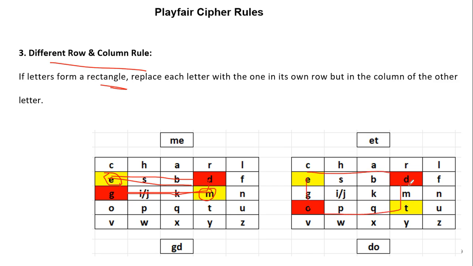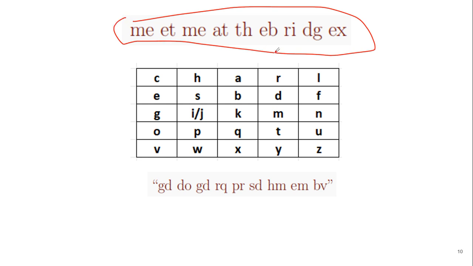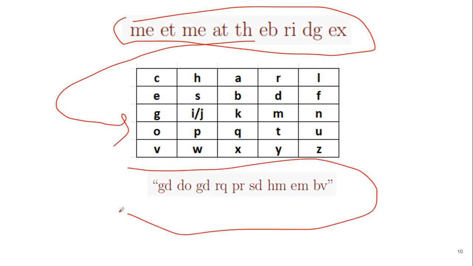So for E we replace with D, and for T we replace with O. Exactly opposite happens for the decryption. Now you can try this example: meet me at the bridge. The diagram is already given, and this is the matrix, and this is the output for this. So you just try encryption and decryption simultaneously.